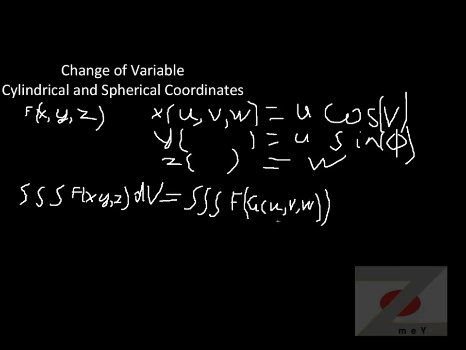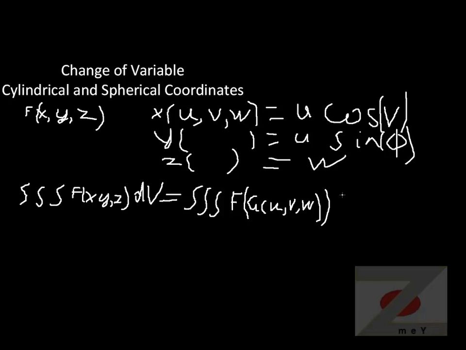Basically it's going to be f of g, where g is a vector function of x, y, z, and each component stands for the corresponding variable: u cosine v, u sine v, and w, and so on.